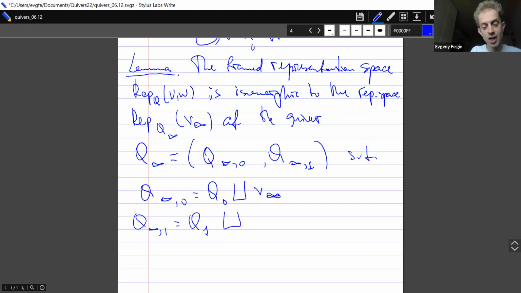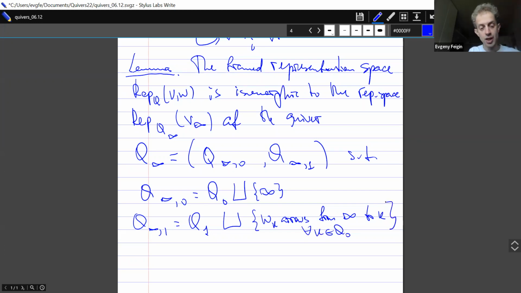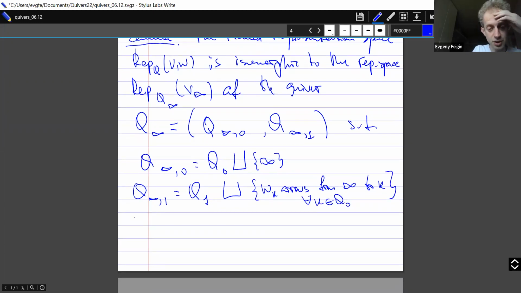And we additionally add WK arrows from ∞ to K for all K. So it's just one new vertex, which I denote by infinity. And the last thing to say is what is V∞?